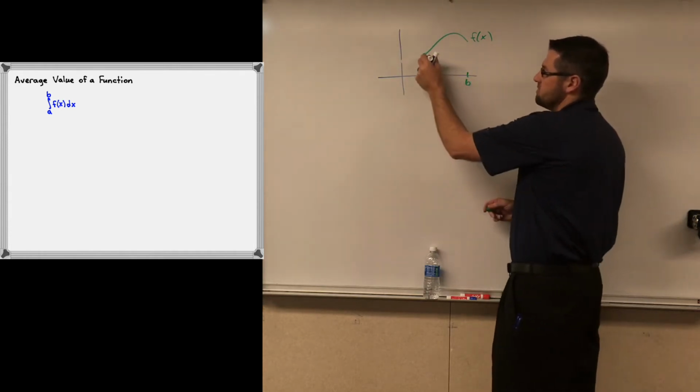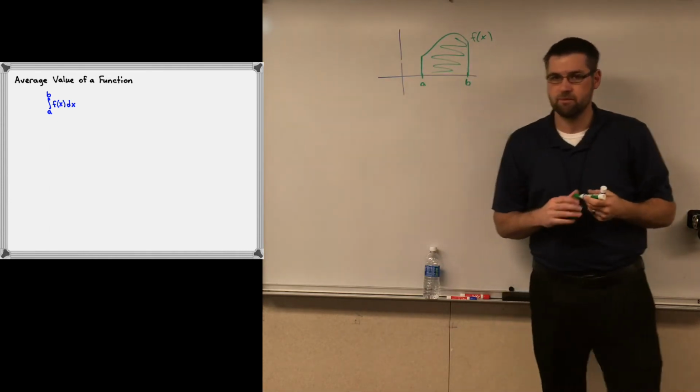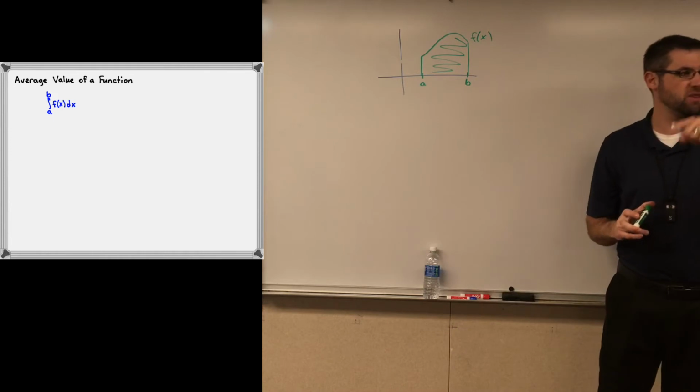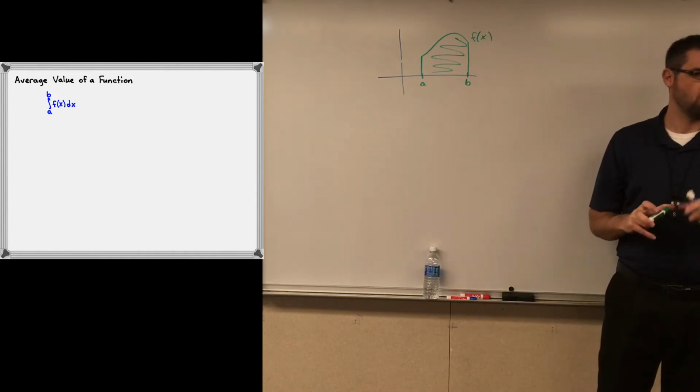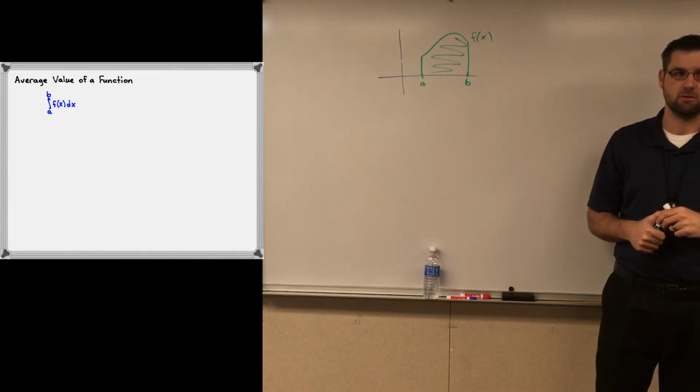That integral gives me that area, right? What do I have to do with the area in order to find the height, or the constant value that produces the same area? What shape am I trying to form to find the average value?